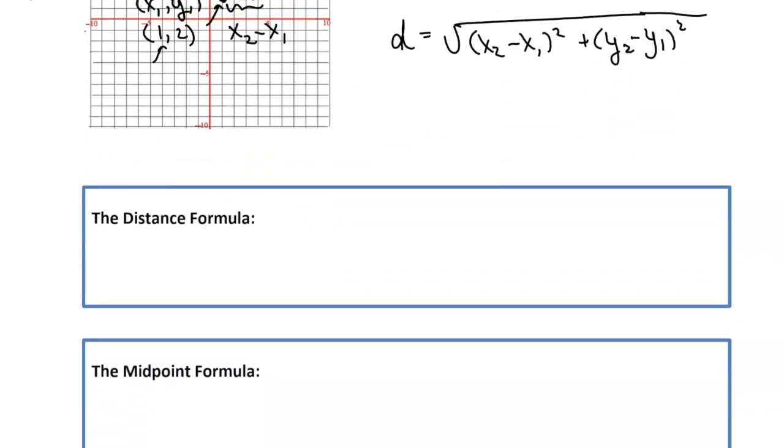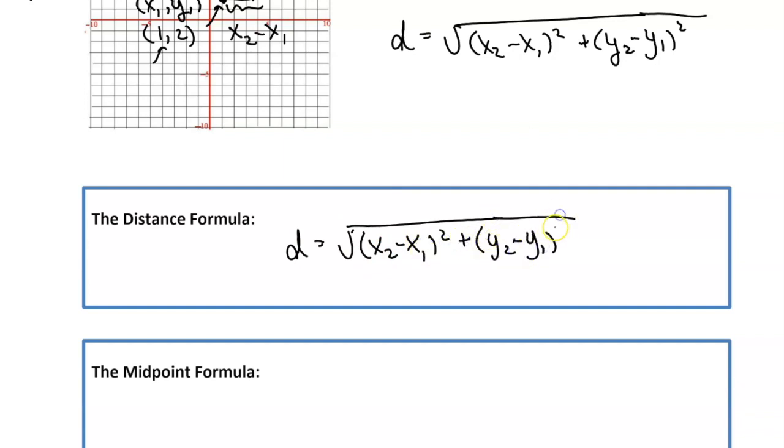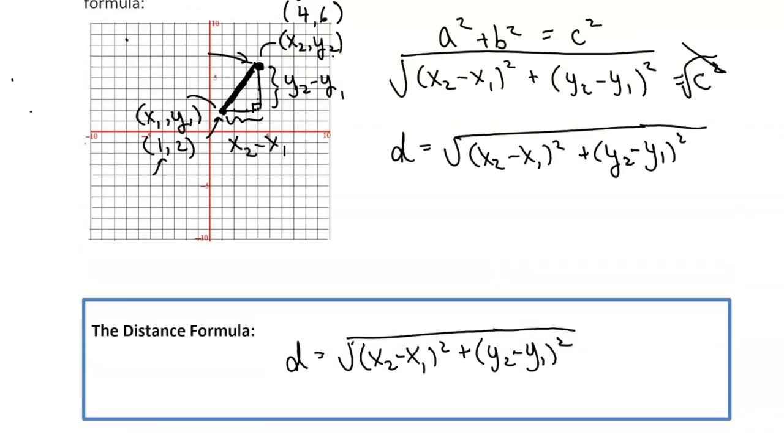So let's fill that exact same thing into this box right here. So distance is equal to the square root of x2 minus x1 squared plus y2 minus y1 squared. Now you might be wondering why we chose these particular points for creating the distance formula, and I thought about, well, what's our most famous Pythagorean triplet?